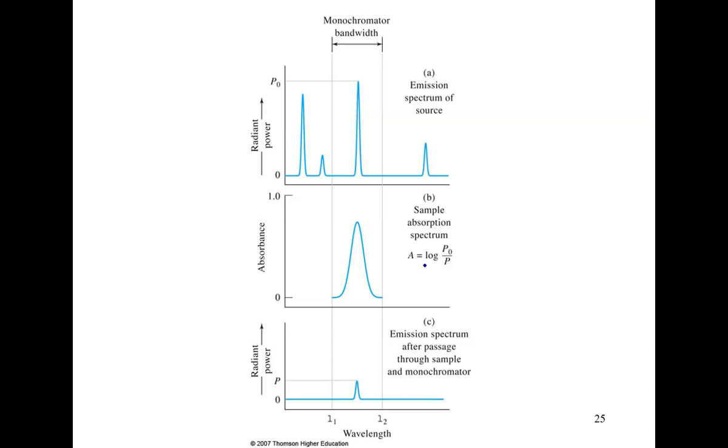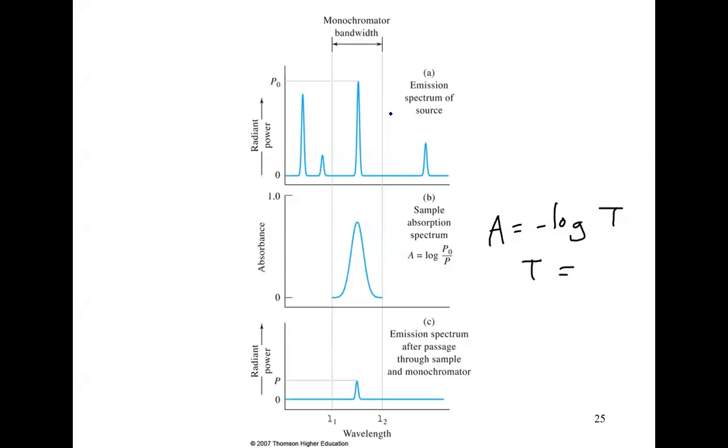Is that correct? I want to pause there for a minute for those who have not absorbed that formula. Typically, A equals minus log what? Minus log T. That equation as written is correct. How do you measure transmittance?